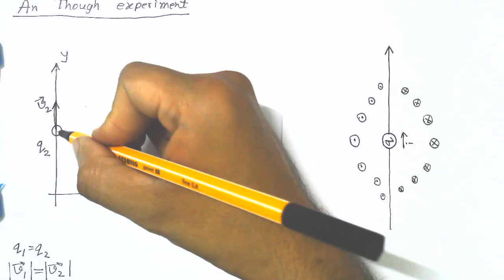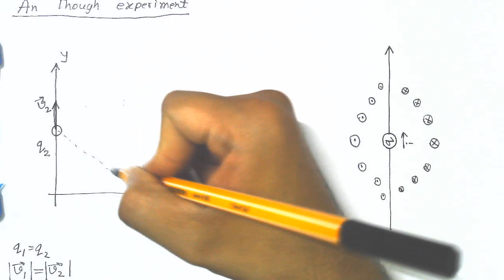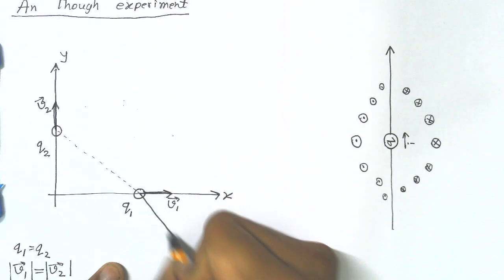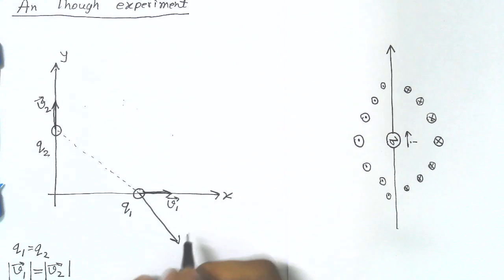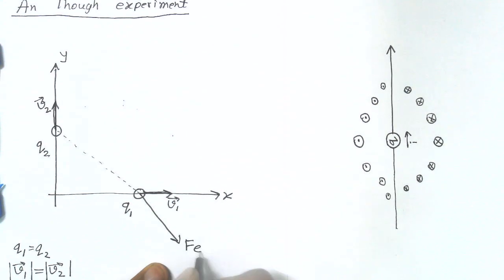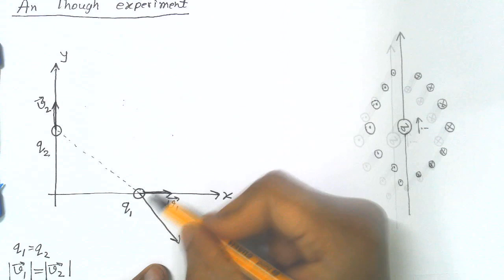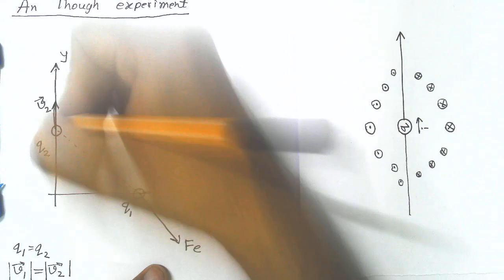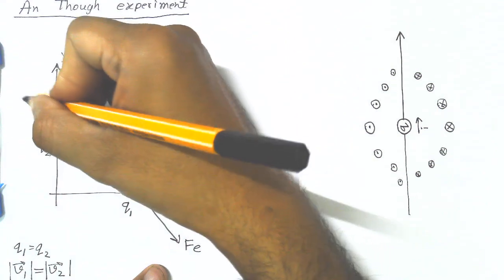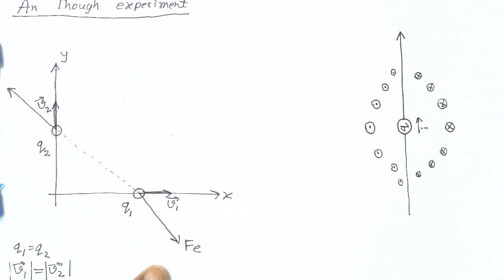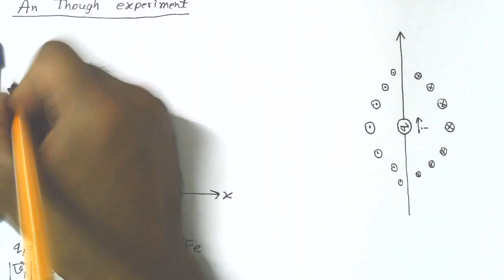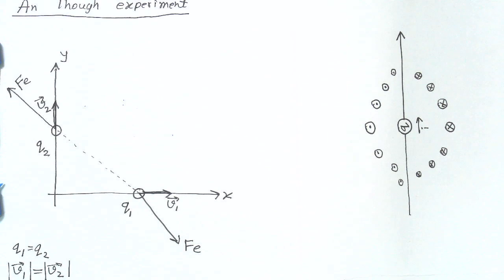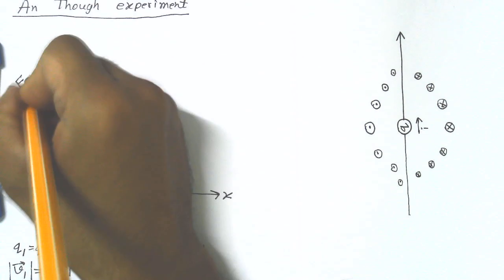So they will repel each other along the line joining them, and therefore here I will have a Coulombic repulsion which I call Fe, acting along this line joining these two particles, and here also the Coulombic repulsion will be Fe, or I call it Fe1 and Fe2.